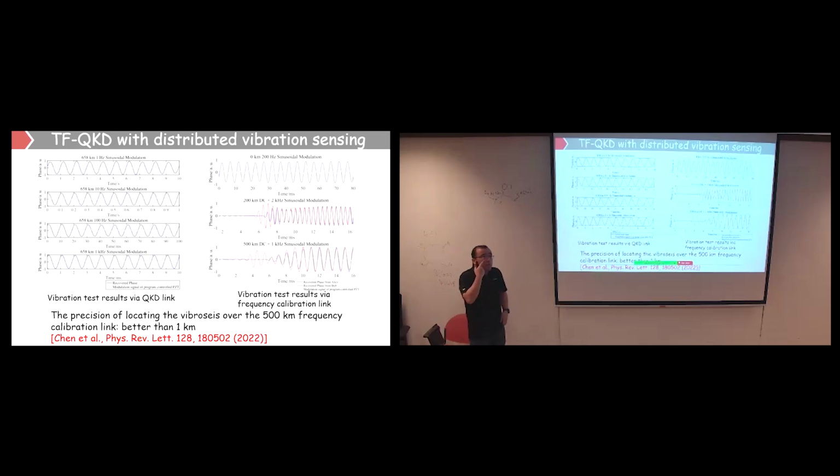So in that sense, maybe in the next 5 years, we will build up a network all over the country. Then you can do QKD, and also measure the vibration of earthquakes or whatever, and see what we can do. It's just like we build an interferometer over the country.